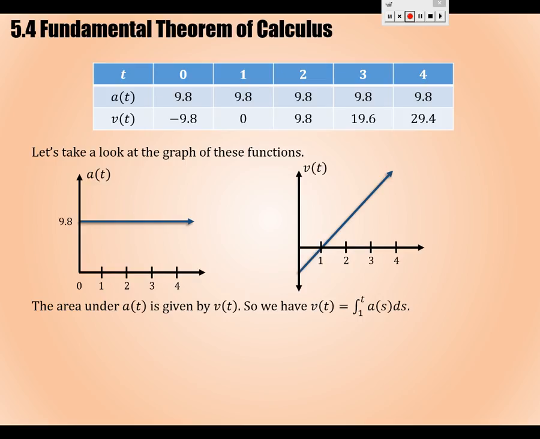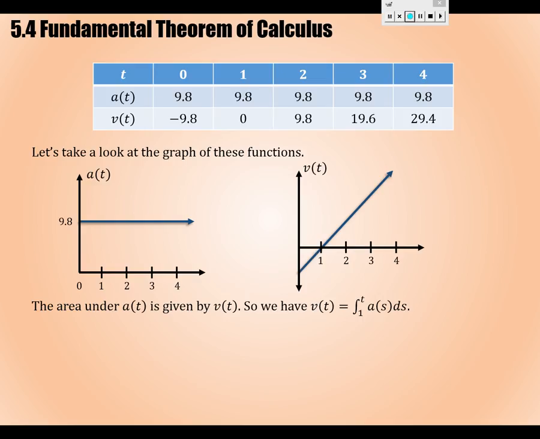So I think this is the result we have in general, that v of t equals the integral from 1 to t of a of s ds, right? This is a very interesting relationship.